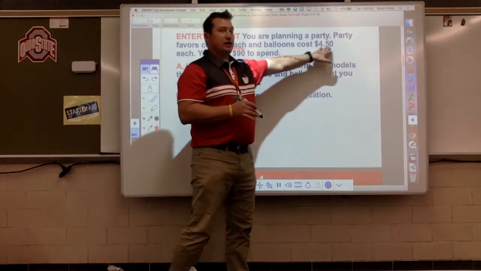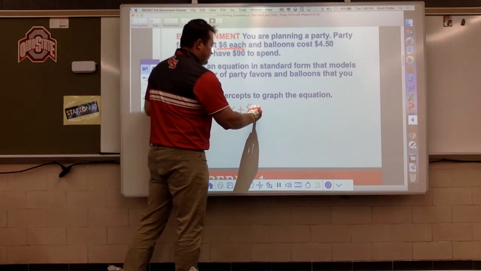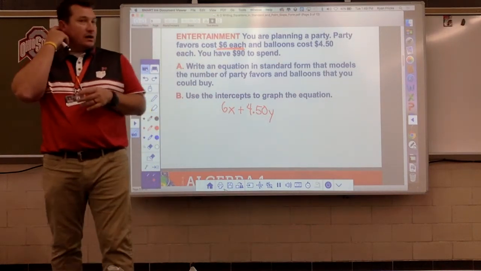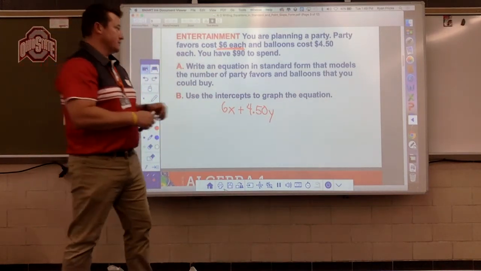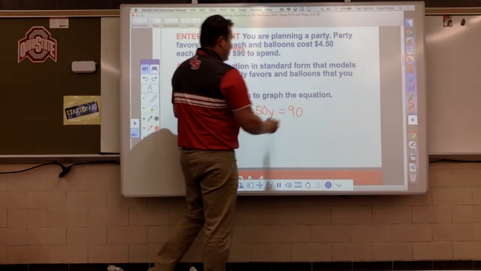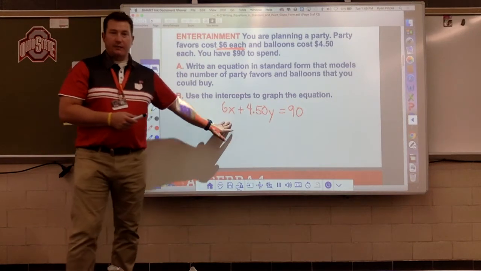I also bought balloons that cost $4.50 each. Again, I bought some amount of balloons. I will call them y, okay? And we spent $90. So again, these two amounts equals $90. Okay? Bam, there we go.